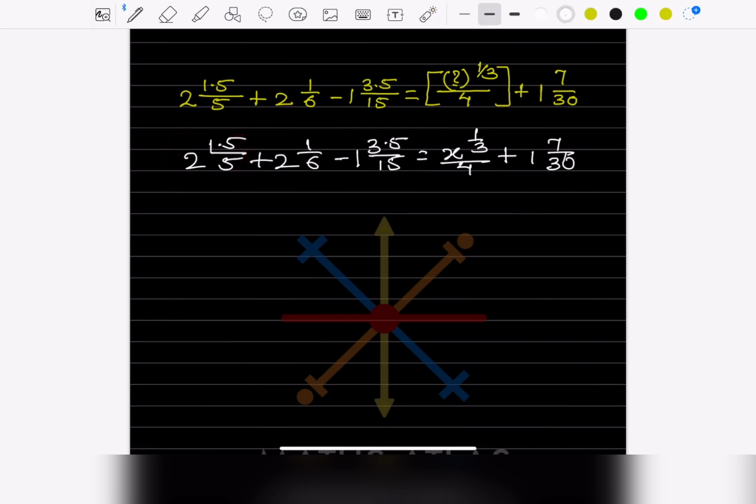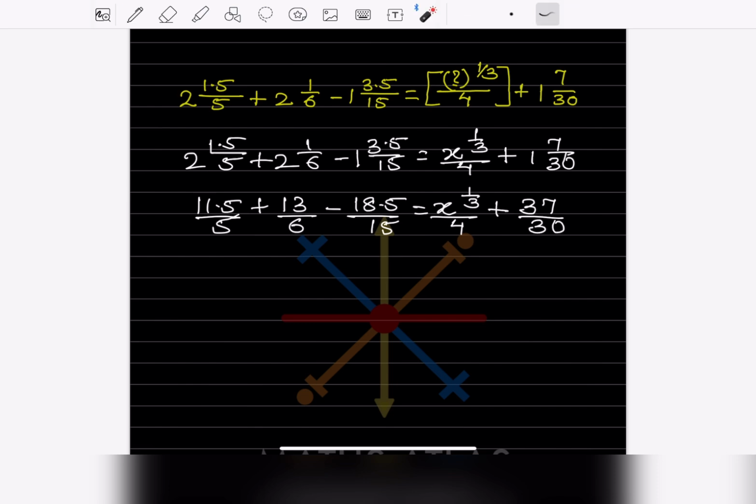So now what will that be? 5 2s are 10, 10 plus 1 is 11 by 5, plus 12 plus 1, that is going to be 13 by 6, minus, here this is 15, 15 plus 3, that is going to be 18 by 15 is equal to x raised to 1 by 3 divided by 4 plus, this is going to be 30, 30 plus 7, that is going to be 37 by 30.